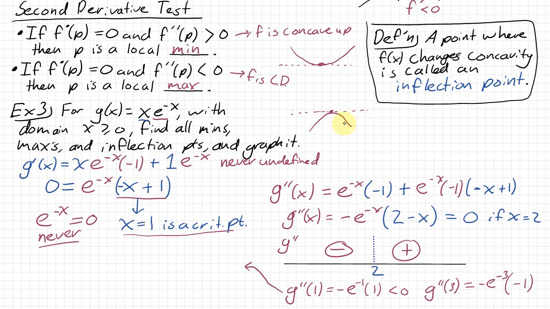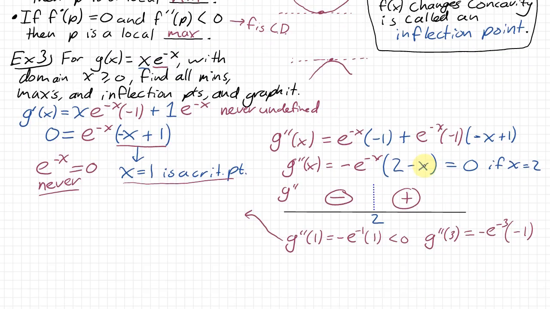So we're talking about something like this kind of graph. And that means that x equals 1 is actually a local maximum. And we also just figured out that 2 is an inflection point.